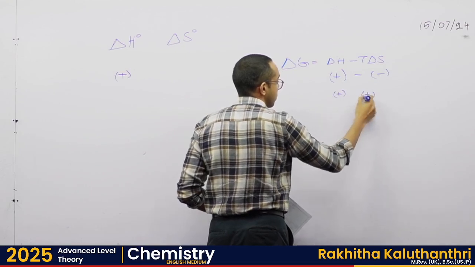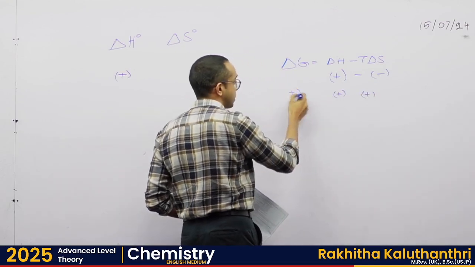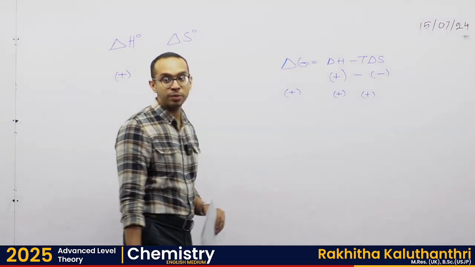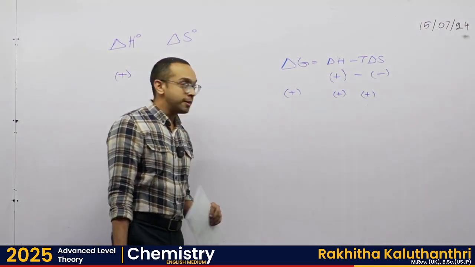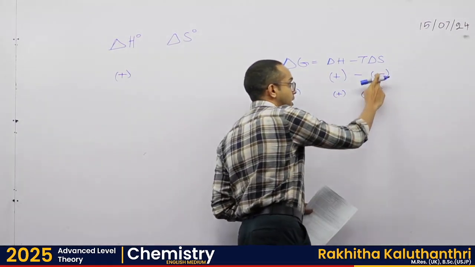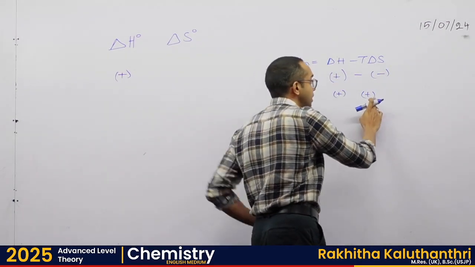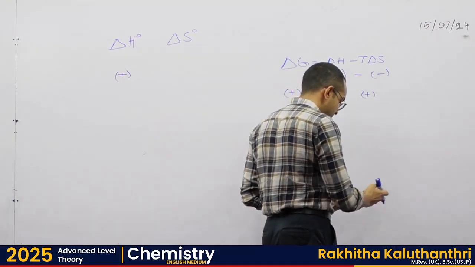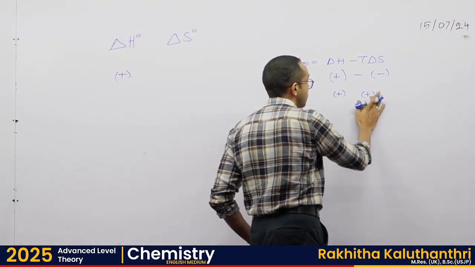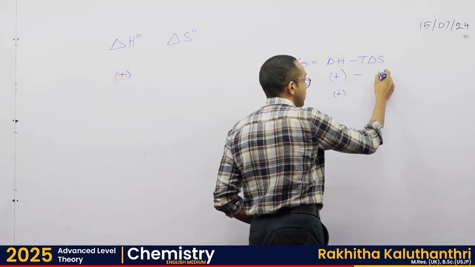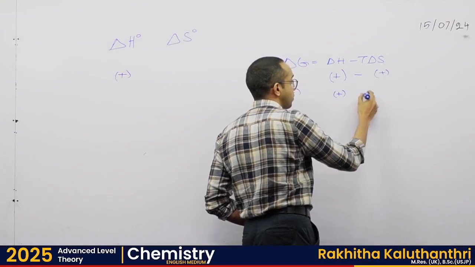Positive. So that means delta G is positive. When delta G is positive, the reaction won't be spontaneous, right? So that means this cannot be negative. Is that clear? So therefore students, delta H has to be positive, then delta G is going to be negative.